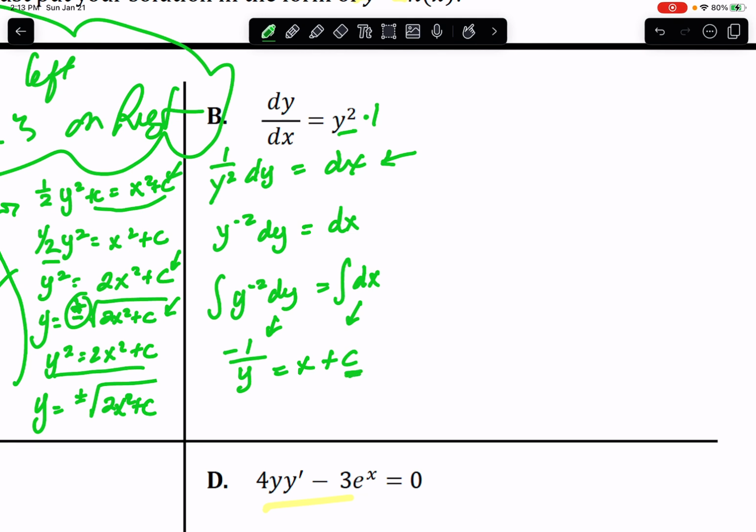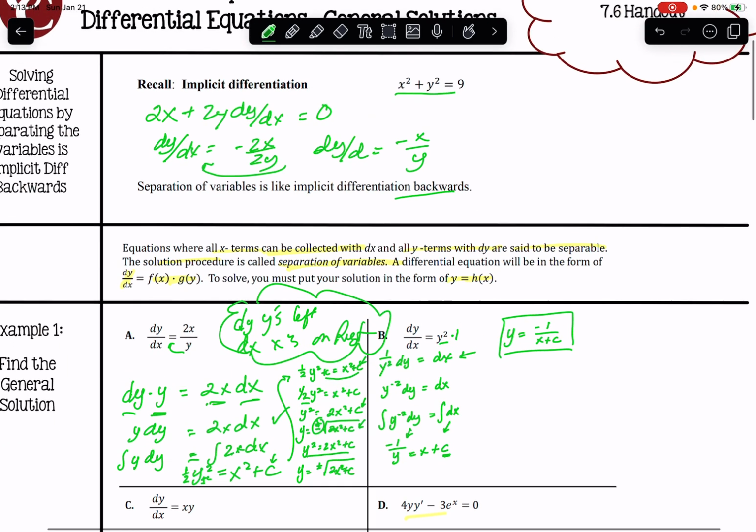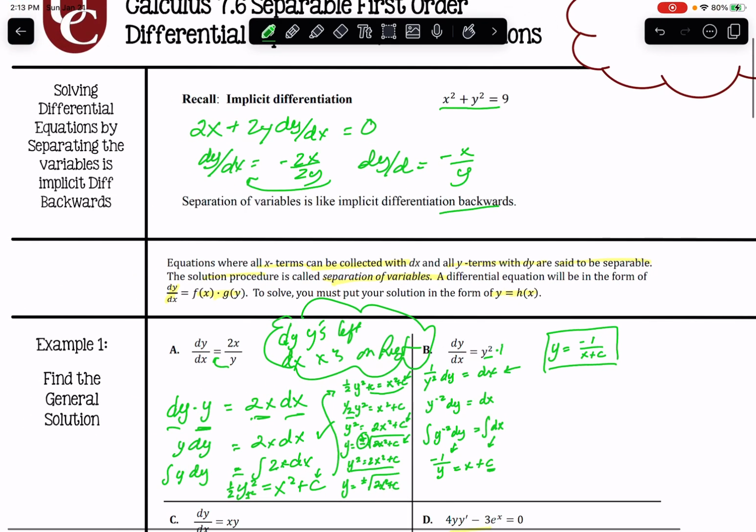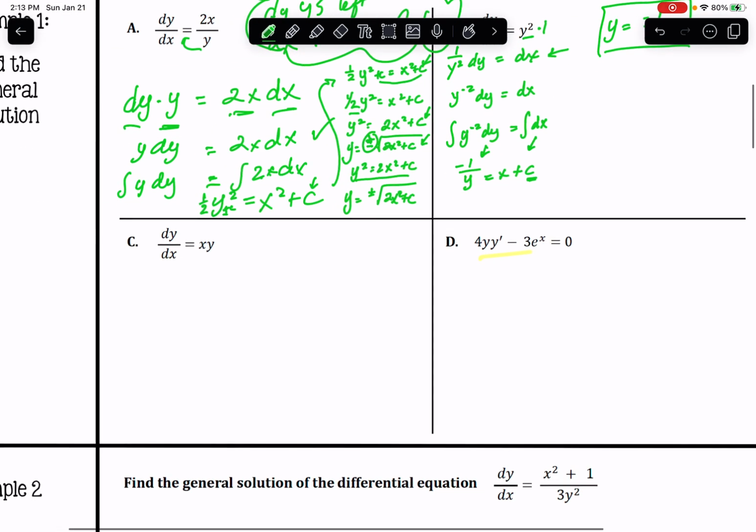Now, this isn't the answer because I need to solve for y. So I would multiply that through by the reciprocal, so I get y equals negative 1 over x plus c. And that would be the answer to that differential equation. Remember, what we're doing is using it to solve the differential equation and get a y equals. Just make sure you know what you're doing.